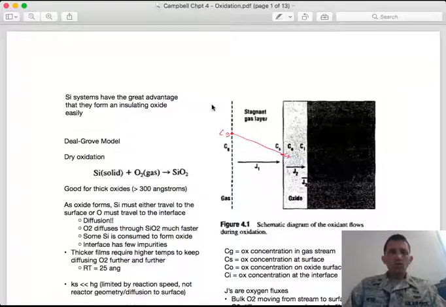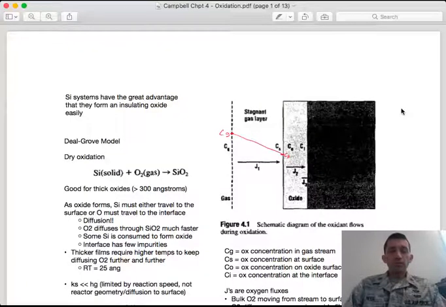In Chapter 2, we talked about silicon substrates, and one of the reasons why silicon has become the dominant semiconductor material is because it's relatively easy to grow very large, very high quality single crystal silicon.